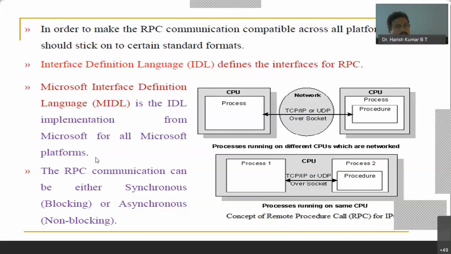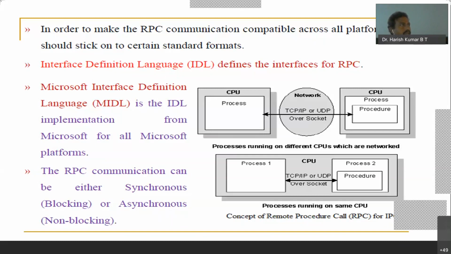For that, it provides something called interface definition language (IDL), which defines the interfaces for the RPC. Whenever you make a remote procedure call, this is the standard being used. This IDL will mask or hide all this heterogeneity, that is, different operating systems and different hardware architectures.